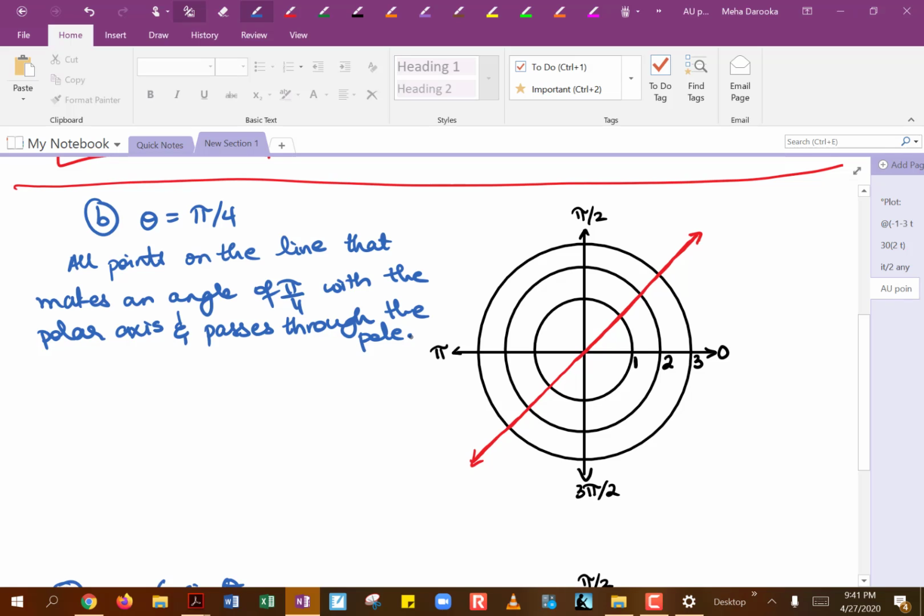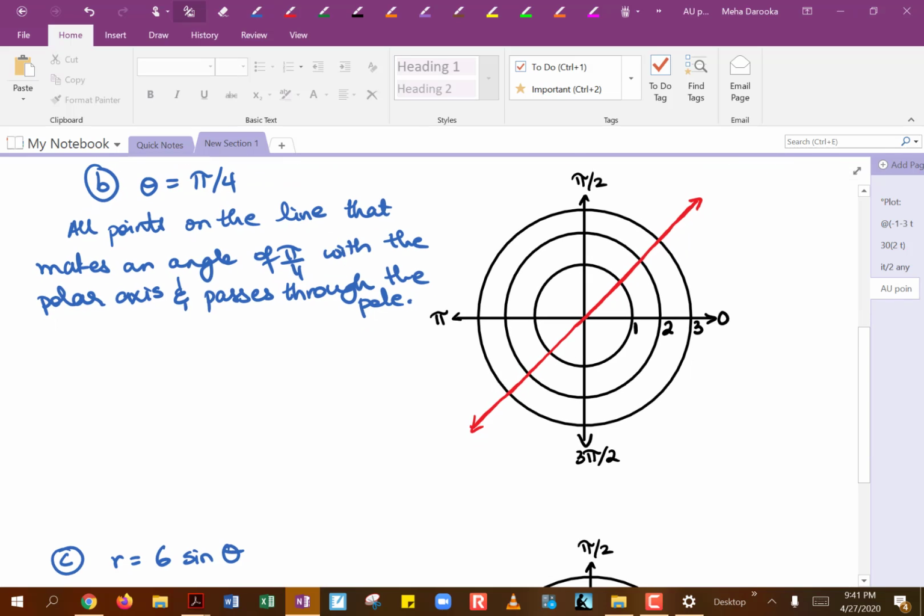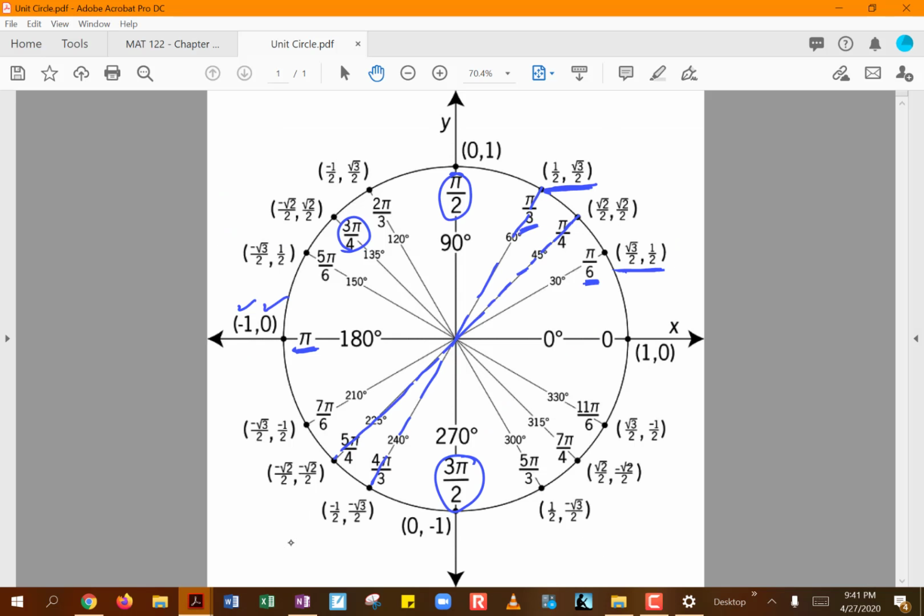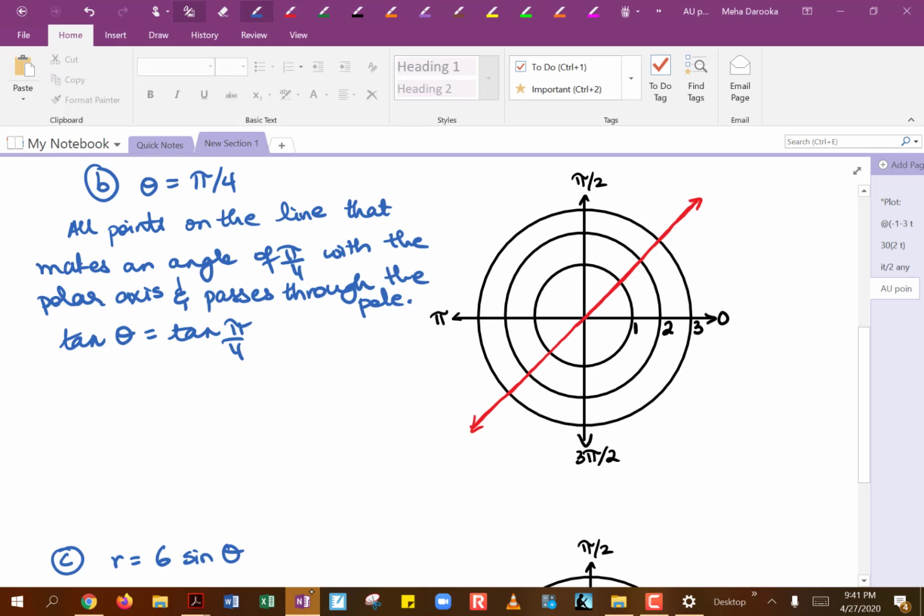Now when we are trying to convert this into the rectangular form, we of course need to think about tangent theta. So tangent of pi over 4, and again if it helps, look at the unit circle. At pi over 4, when I divide sine by cosine, you will see I'm dividing the same number by itself, so I will end up getting tangent theta as a value of 1, right?